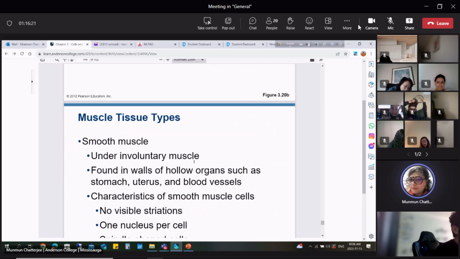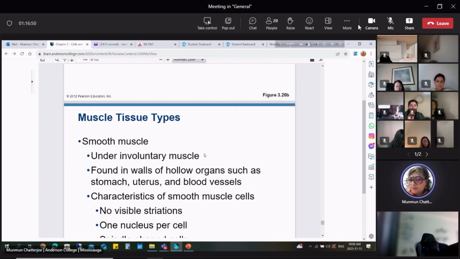From the name, we can understand it's very smooth. This is also under involuntary control. So which is the only voluntary control? Skeletal muscle. Under involuntary control are cardiac muscle and smooth muscle. Cardiac muscle is found only in the heart. Function is to pump the blood.